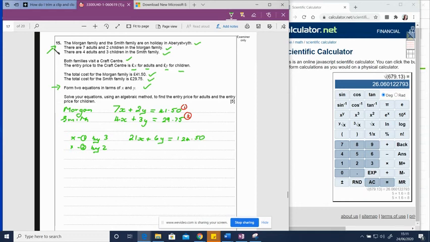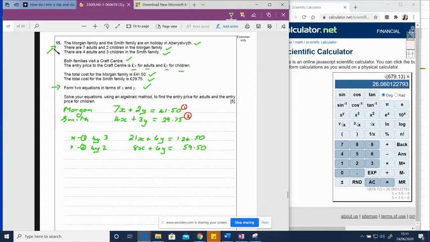Now if we multiply the second equation by 2, 2 times 4X is 8X. 2 times 3Y is 6Y. And you can see we've got 6Y now in both equations, is equal to 2 times 29.75, which is 59.50.